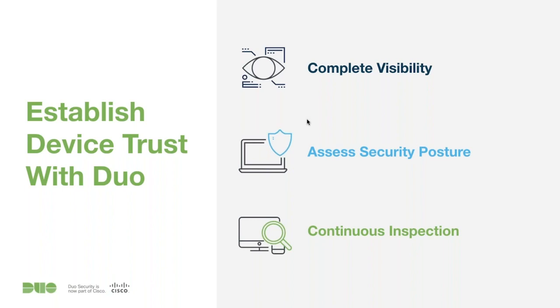Then assessing the security posture of those devices, saying, does that device meet certain sets of requirements that I have for it to access corporate resources? And then finally, being able to inspect those devices and their access on a continuous basis, making sure that at each access point, from the first time you see it through the end of that device ever accessing your resources again, you have a feel for its posture and the status of that device.